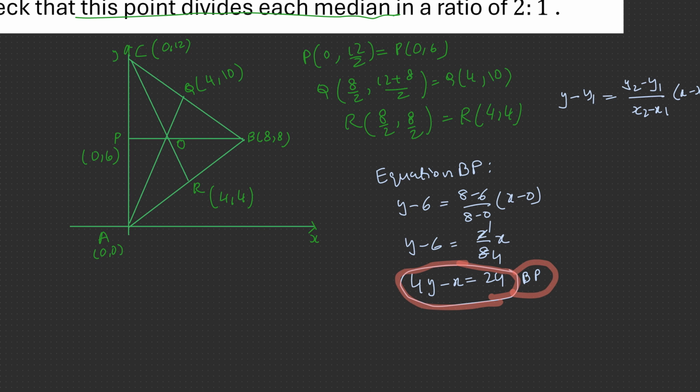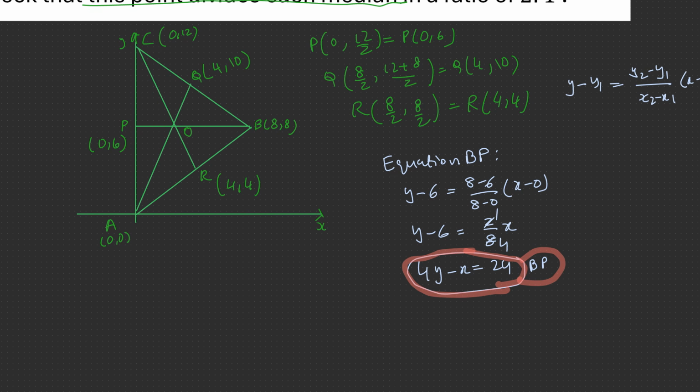Right. Then I will find the equation of CR. So that would be y minus 12 is equal to 4 minus 12 over 4 minus 0 times x minus 0.